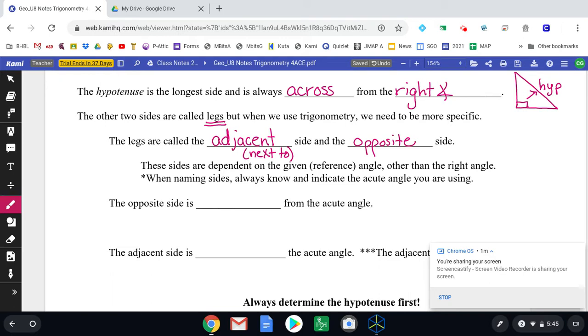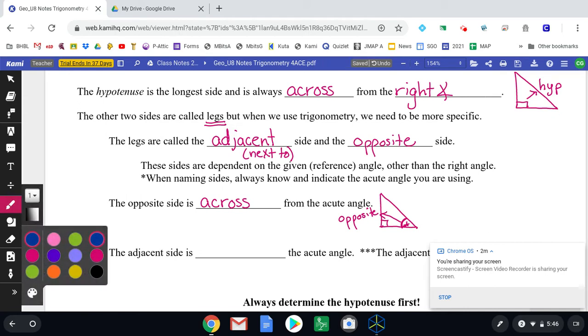Now, the opposite side is across from the acute angle. So if I have a right triangle, and let's say this is my acute angle right here, if I want the opposite side, I want it way over here. That's way there on the opposite.